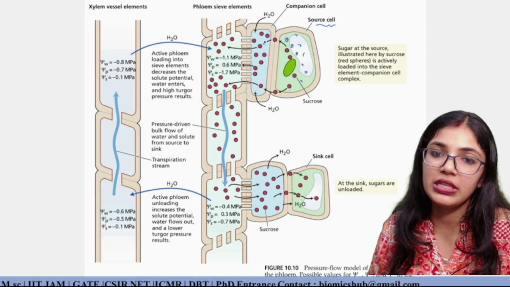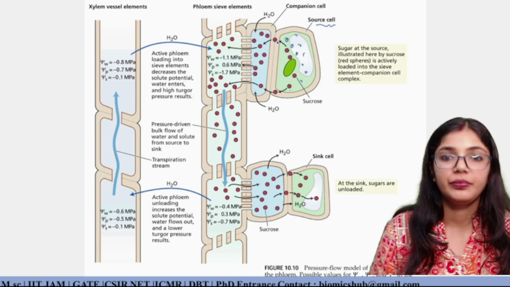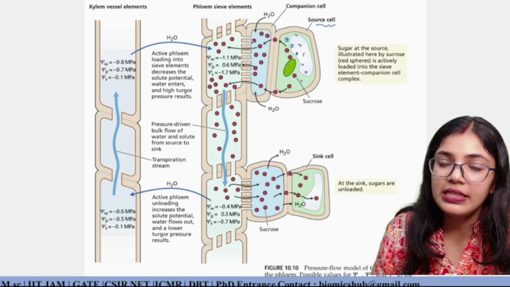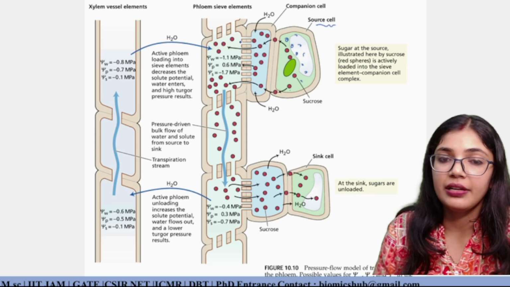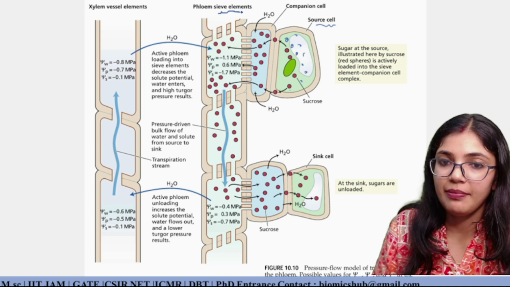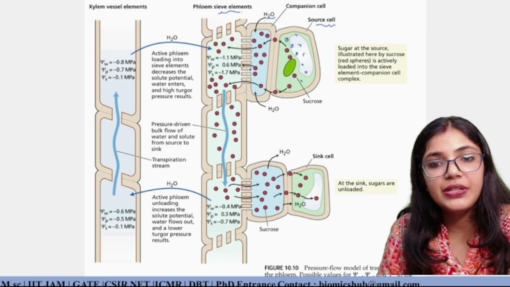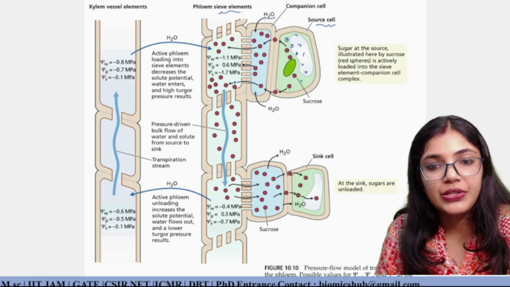And from the companion cell, through the symplast, it will be transferred into the sieve element. Along with the solute, there is also water present, so it is transferred through the apoplast.